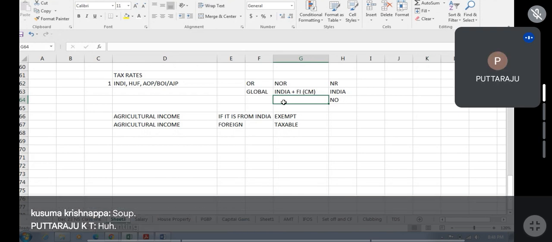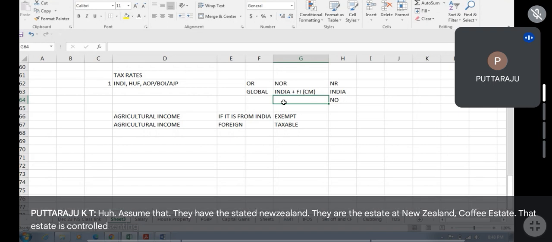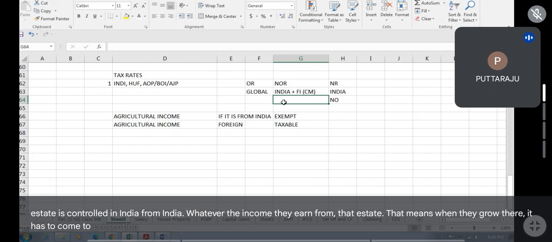Assume that they have a coffee estate in New Zealand. That estate is controlled from India. Whatever income they earn from that estate, when they grow it there, it has to come to India, no?